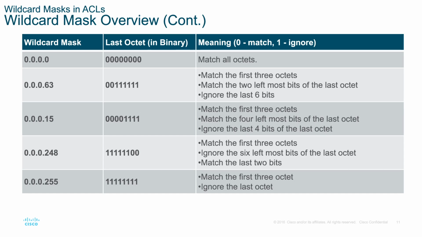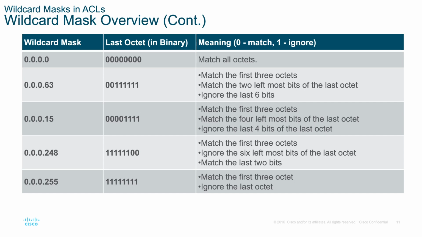So as you look through this list, you'll see in the example here, the first 3 octets need to be matched. Then it's a 248, which means we can ignore the first 6 bits of the last octet, but the last 2 bits of that octet have to match.